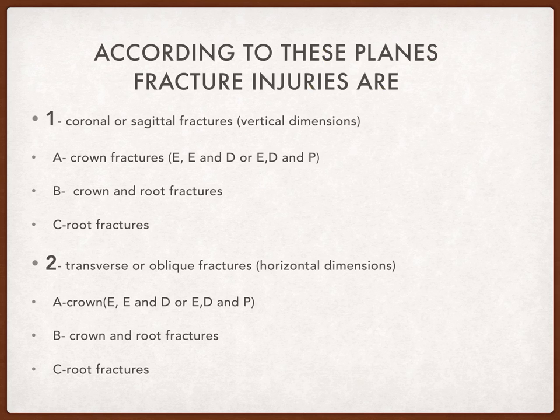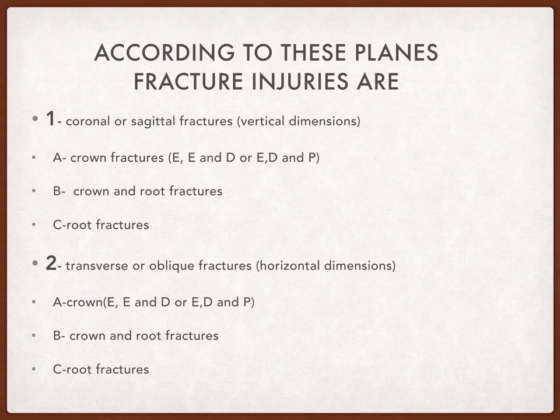According to these planes, we will classify the fracture injuries. The first one is the coronal or sagittal fractures, or the vertical fractures. The second one is the transverse or oblique fractures, or the horizontal fractures.